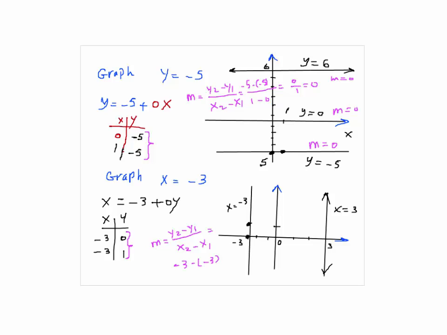So you would get something like 1 over 0. What's 1 over 0 equal to? Undefined. So the slope of the vertical line would be undefined. Very good. So the slope of vertical lines will all be undefined. The slope of the horizontal line would be equal to 0.